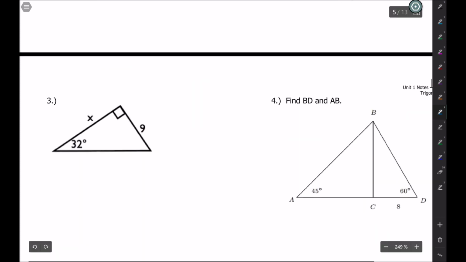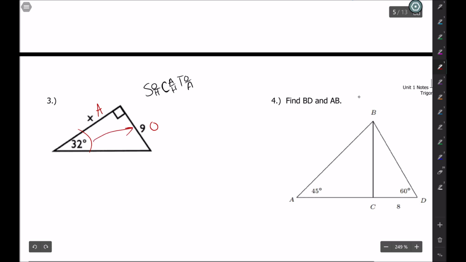Okay, so in number 3, same thing. We're going to write out SOHCAHTOA. The angle that's given to us is this 32-degree angle. We want to figure out what x is, which is the adjacent right here. So this is the unknown, and we want to put 9 as the opposite, because that's across from the angle.